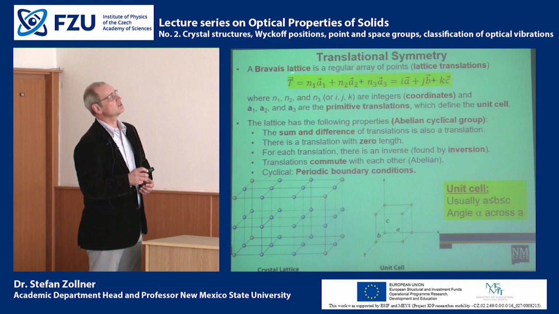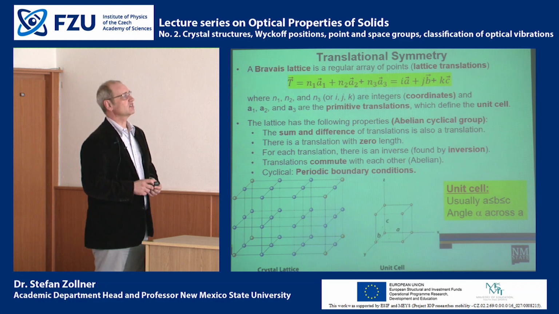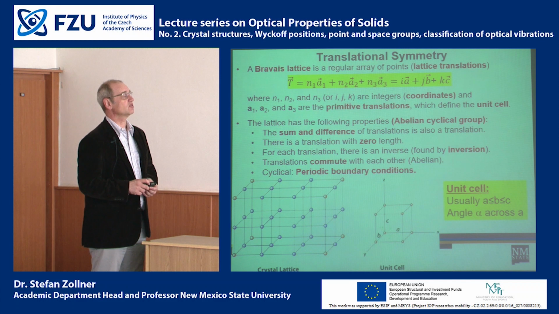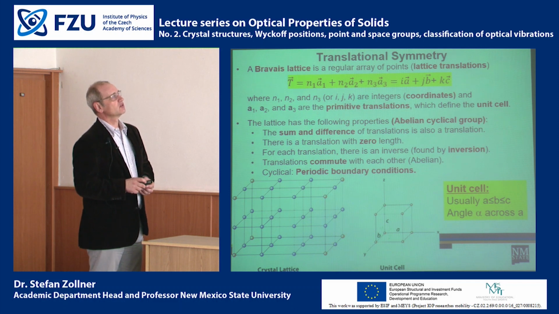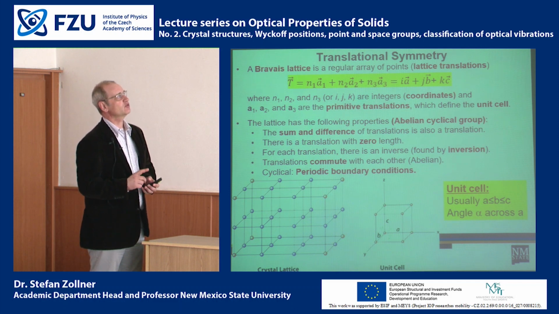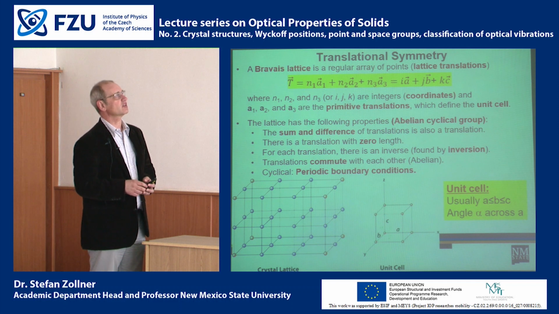So these primitive translations together form a Bravais lattice, which has the properties of a group. The group properties mean that the sum and difference of 2 translations is also a translation. We have a translation of 0 length, where all the coordinates n1, n2, and n3 are 0.